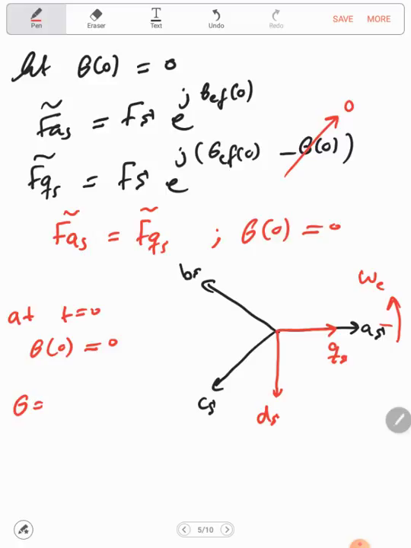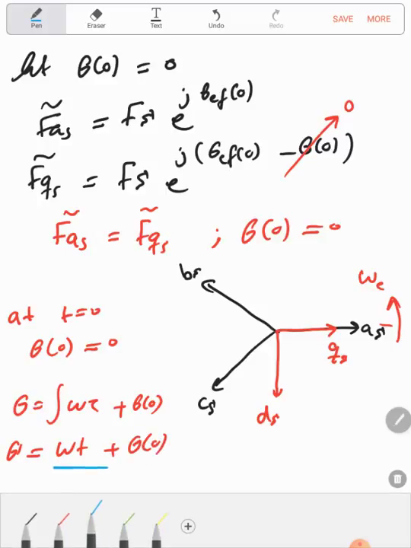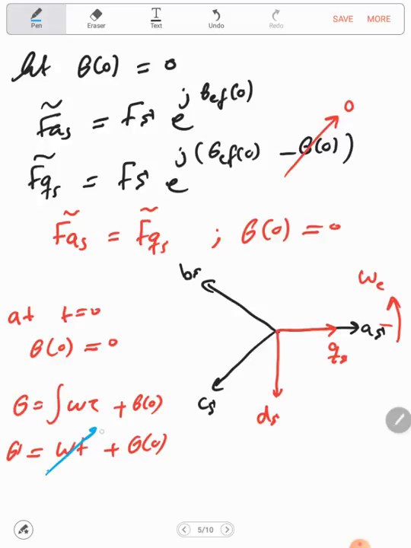Theta is equal to the integration of omega d tau plus theta of 0, and this will equal omega t plus theta of 0. So at t equal to 0, we'll have theta equal to theta of 0, and here I'm attaching the q to the a at t equal to 0. So by assumption it's 0, and this is without loss of generality because we can assign the reference frame anywhere in space.